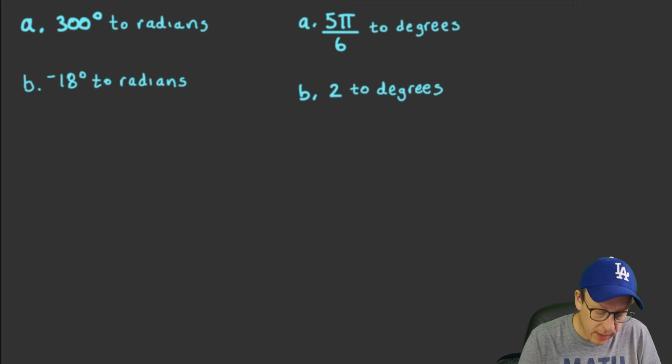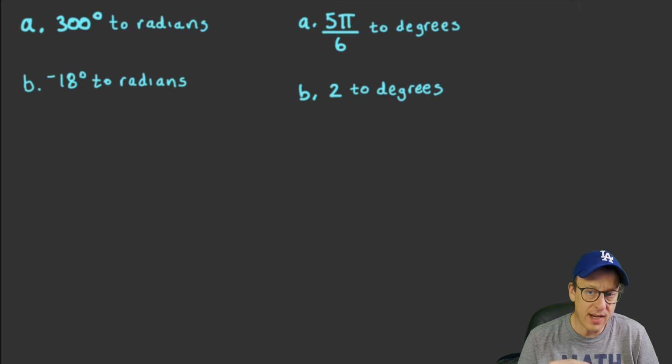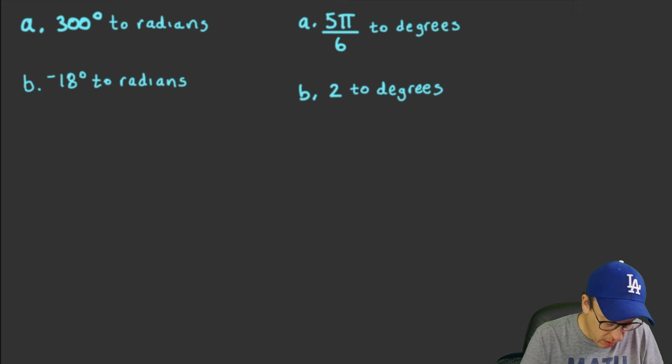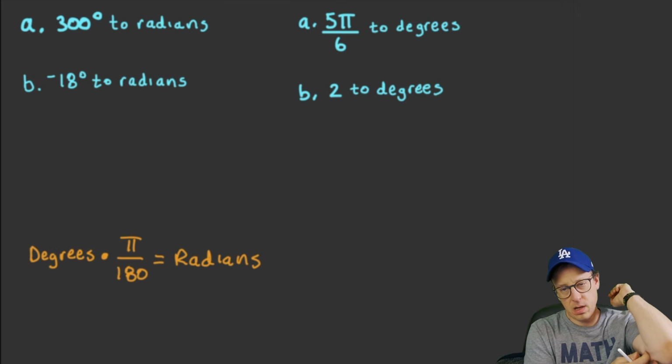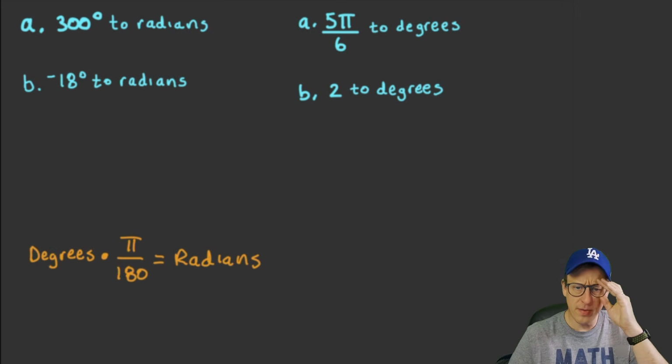If you want to convert degrees into radians, you just go degrees times pi over 180 is going to be equal to radians. So that's how we'll do that. And I don't think I covered the greatest common factor, did I?